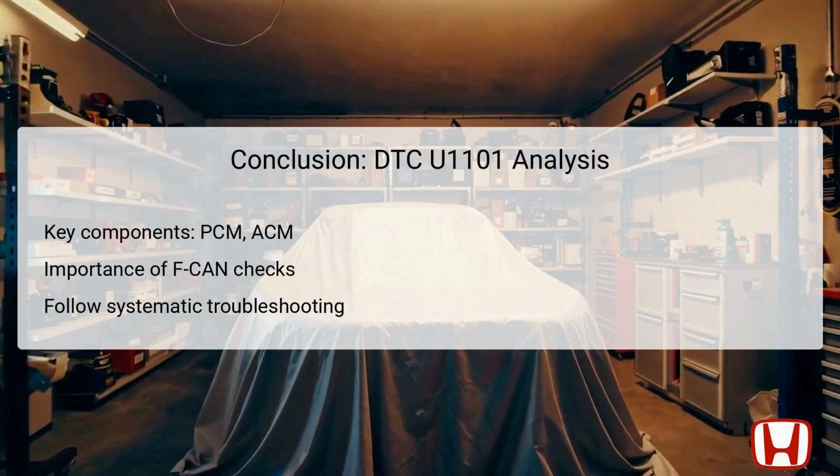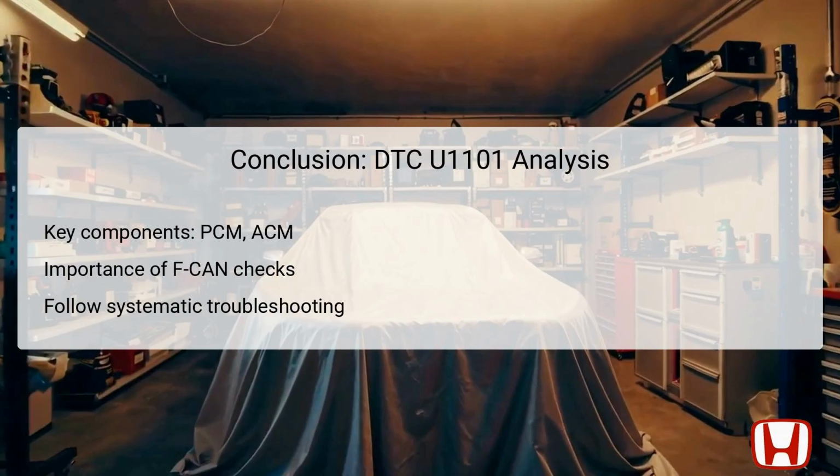To summarize, DTC U1101 reflects a critical malfunction in the FCAN communication between the PCM and ACM, necessitating careful and systematic troubleshooting. Understanding the roles of both the PCM and ACM within the vehicle's ecosystem provides insight into the importance of their proper functioning. Early identification and resolution of symptoms, such as engine performance issues or warning lights, can streamline the diagnostic process and reduce costs.